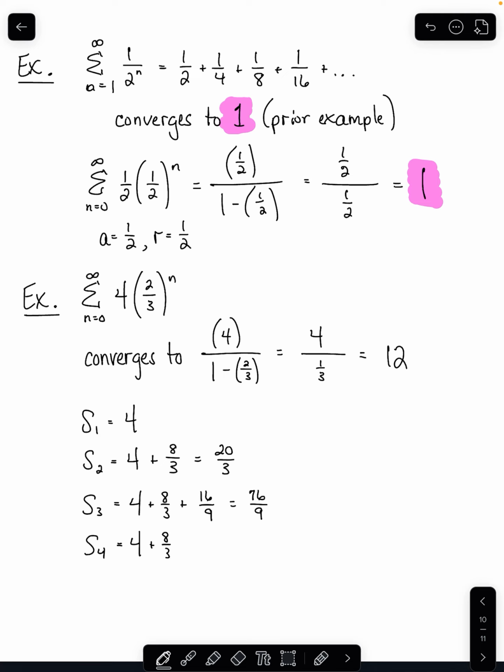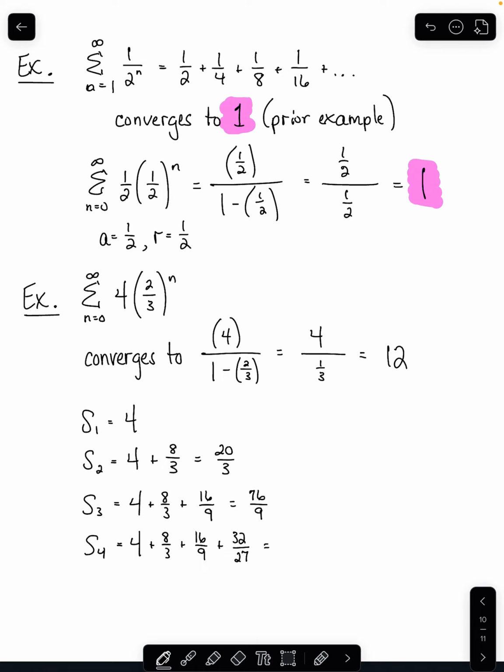S sub 4 would be 4 plus 8/3 plus 16/9. And then we would have 2/3 to the third power, which is 8/27. Times 4 would give us 32/27. Now we know the sum of the first three terms is 76/9.